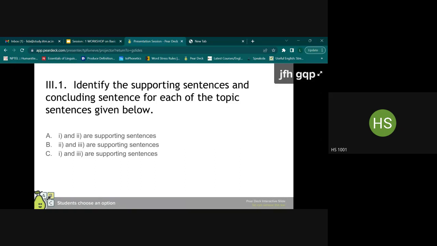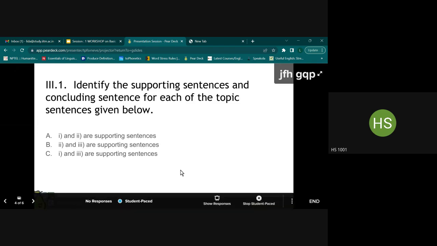Okay, the third one: identify the supporting sentences and concluding sentence for each of the topic sentences given below. I'll do one thing.